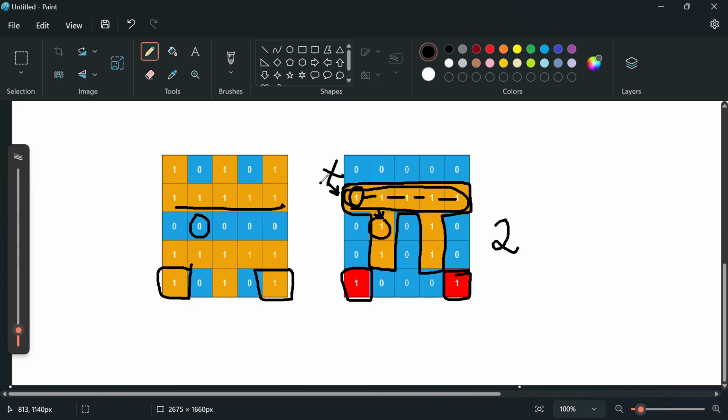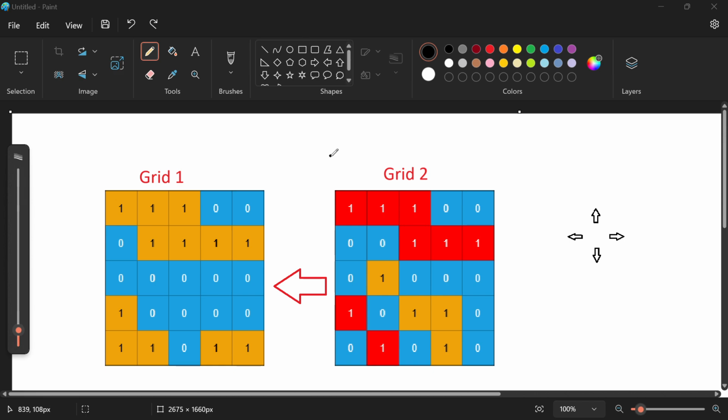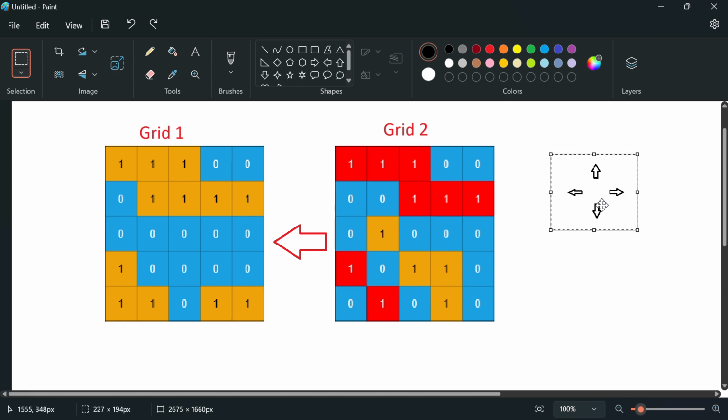So now let's say we have this example, and we have to iterate over all ones in the directions of up, down, right and left. We always start with one.